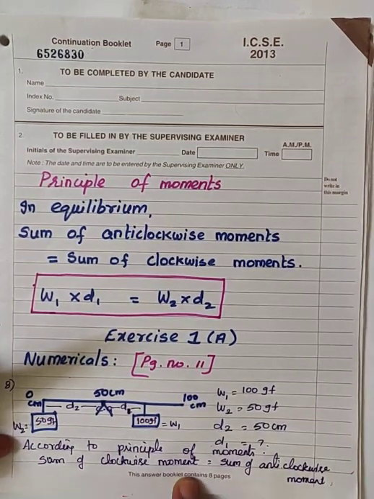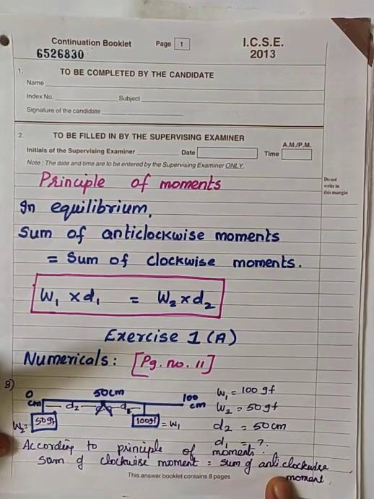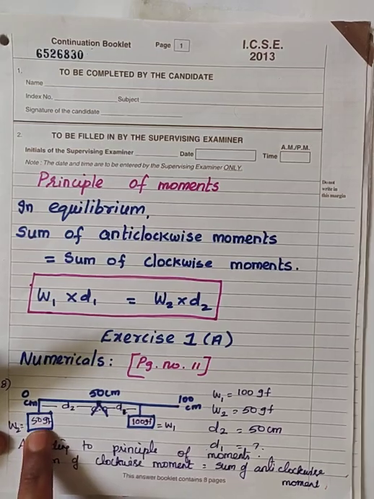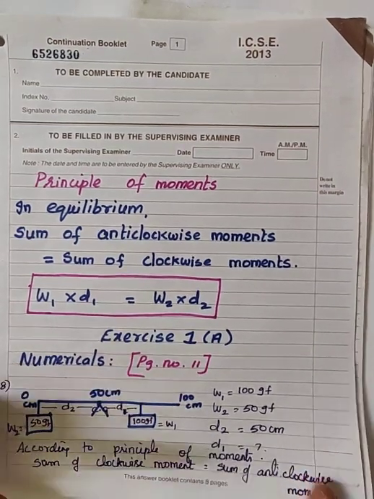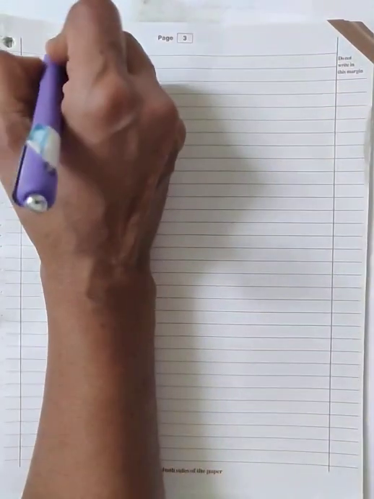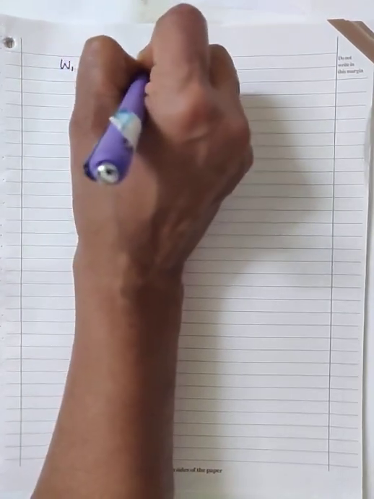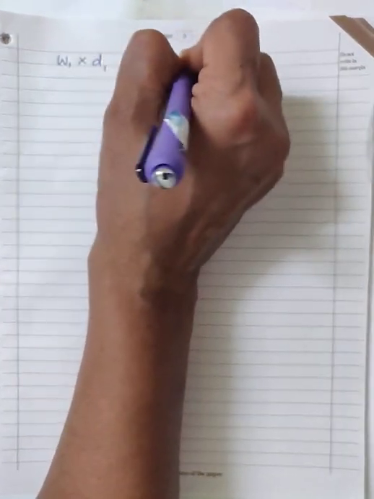Sum of clockwise moment is W1 into D1. Sum of anti-clockwise moment I have to substitute as W2 into D2. So next page I will substitute. W1 into D1 is equal to W2 into D2.